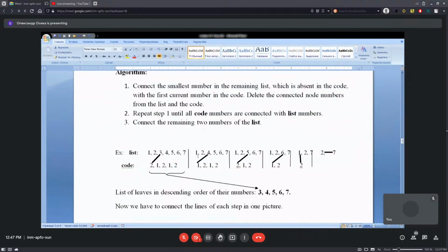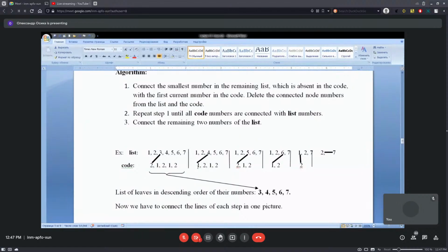Now we have 1, 2, 4, 5, 6, 7, and the code 1, 2, 1, 2. Again, search for the smallest number in the list which is absent in the code. It is 4, and we connect it with the first in the code, 1: 4 and 1.